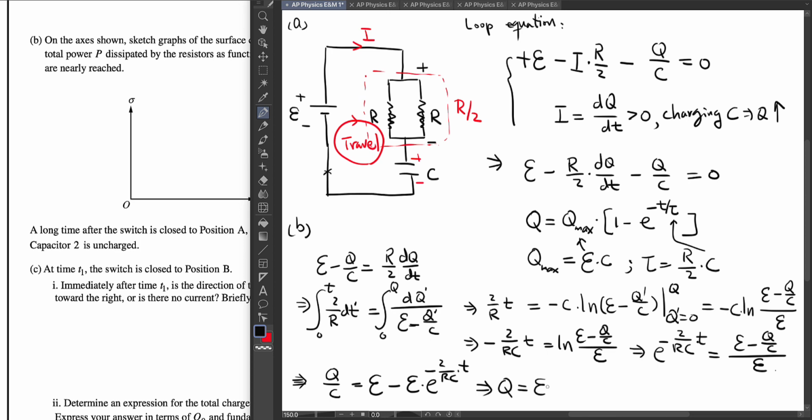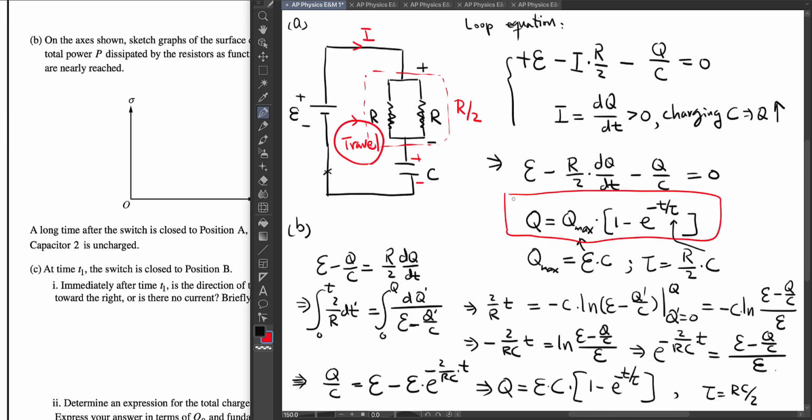Let's pull it out and then multiply C here, and then inside the square bracket I have 1 minus E to the negative T over tau, where tau is RC over 2. Okay, so that's basically how you get the solution that I talked about earlier. But if you remember it from the textbook, you can write this down directly to save time during the exam.